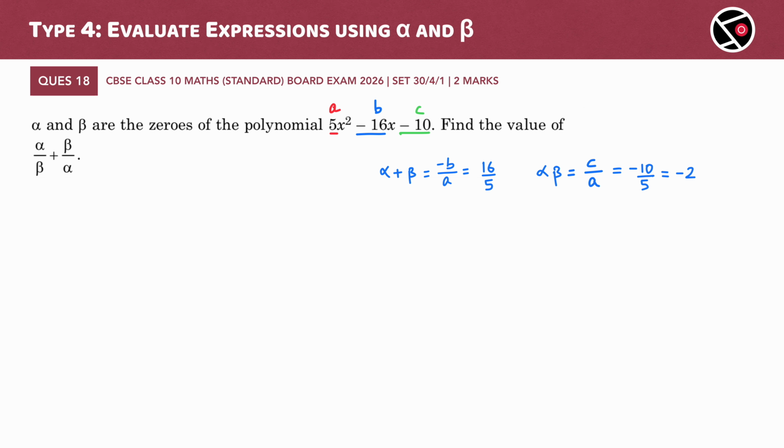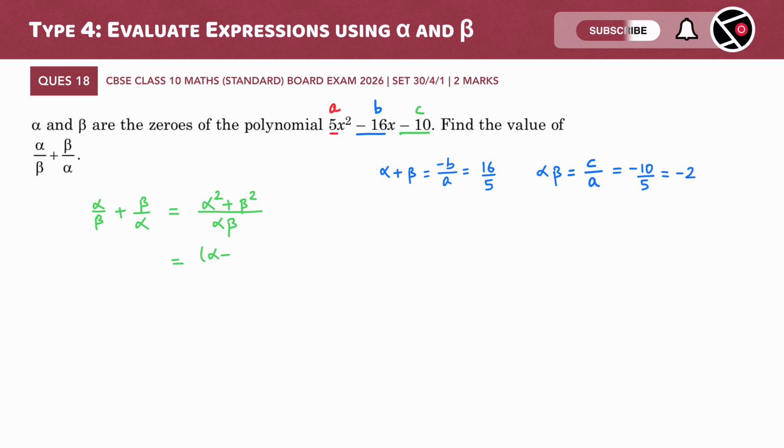Now the expression is alpha over beta plus beta over alpha. We take the LCM of the denominators, which is alpha beta, and the numerator is alpha square plus beta square. Once again, we use the identity a plus b whole square equals a square plus b square plus 2ab, to replace alpha square plus beta square with alpha plus beta whole square minus 2 alpha beta.